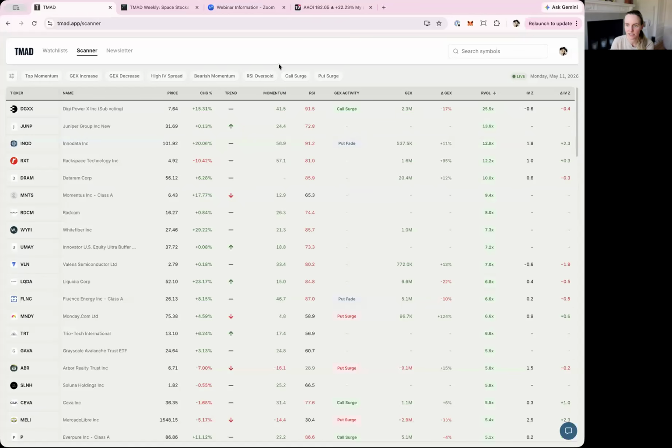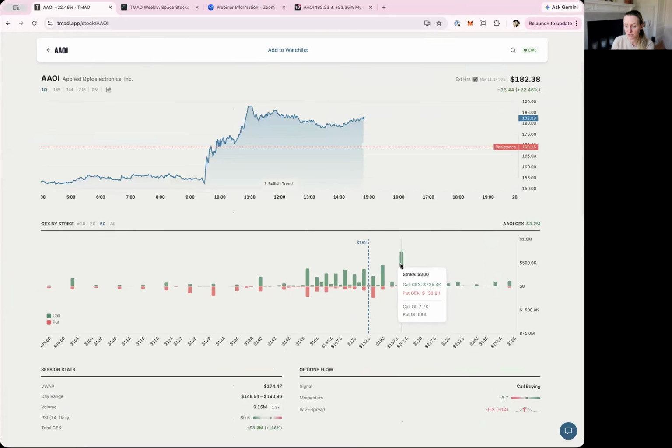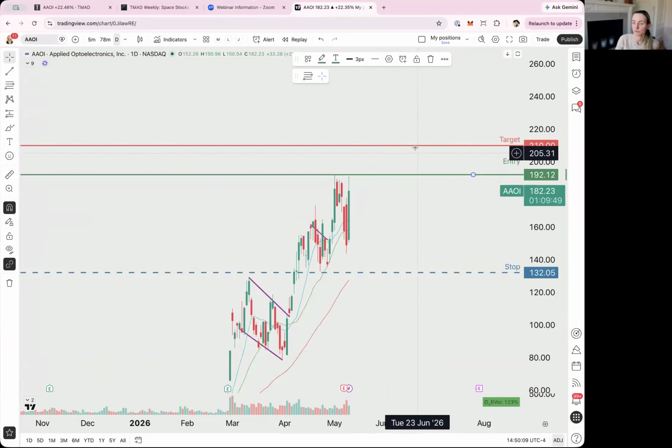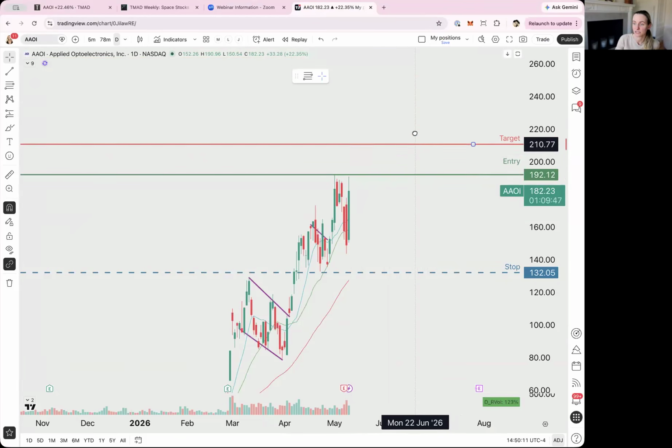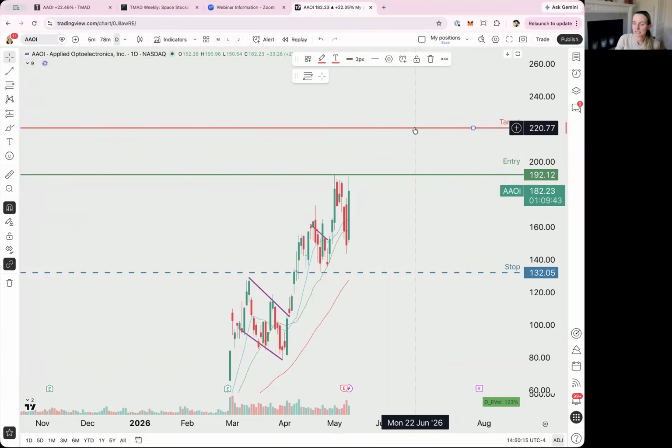And let's look at the scanner because we can look at the targets, right? All right. So yeah, there's still 200, 210, 220. So I think 200 would be your target, 220 approximately. Again, you have to be very skilled for those trades. They're extremely volatile, moving fast.